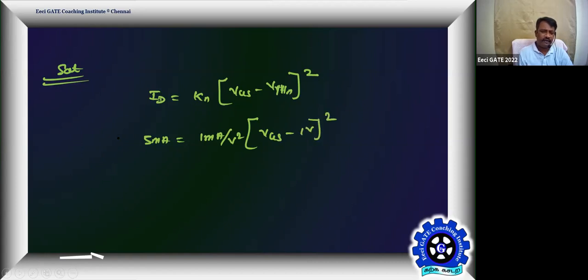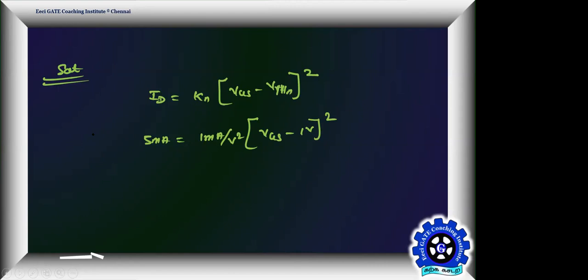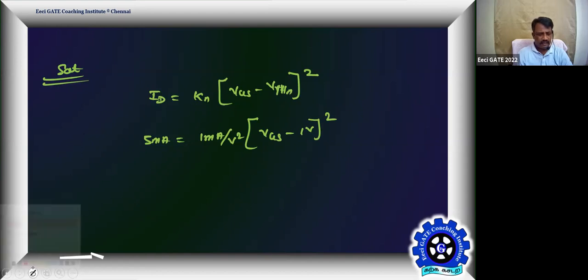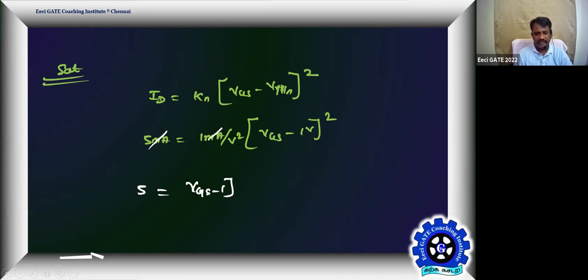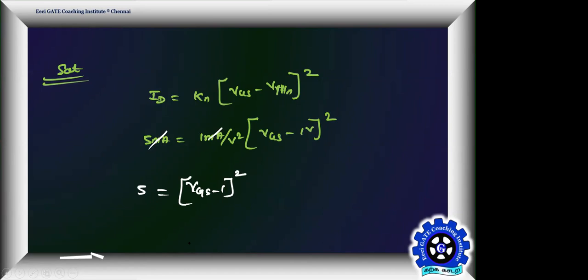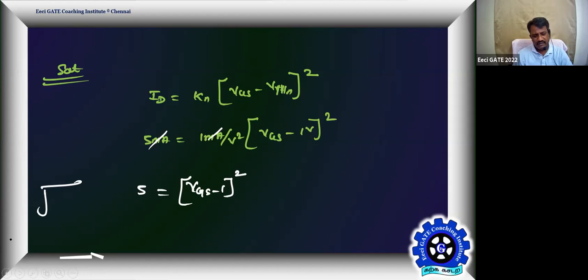Tell me what you did after that step. Took that 1 milliamps to the left side, sir, division. Okay, then the result is 5. Milli will get cancelled. It is going to be 5, correct? Then what did you do? Expanding the square, VGS. Dinesh, what did you do here? Same, sir, expanded. Why expanding? Why can't you apply root on both sides?